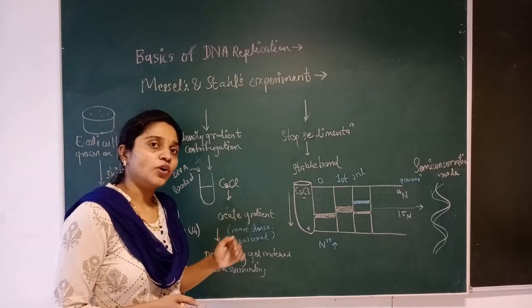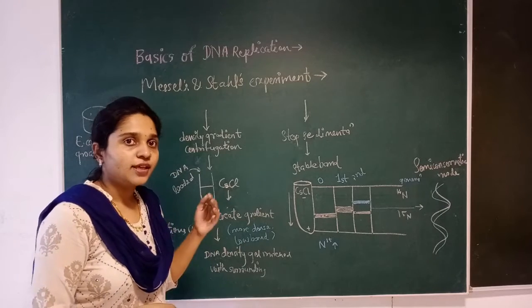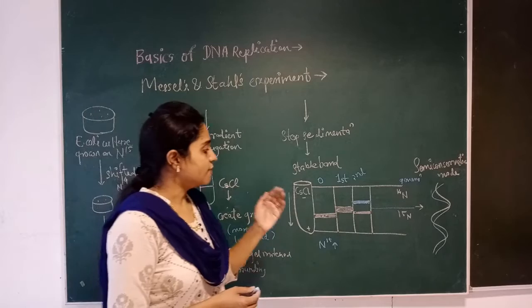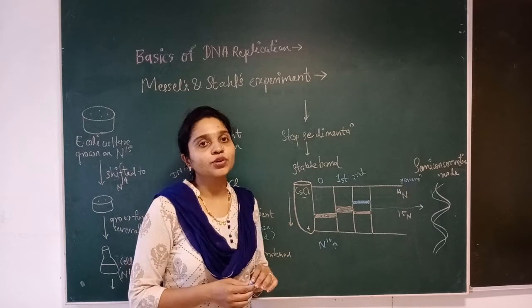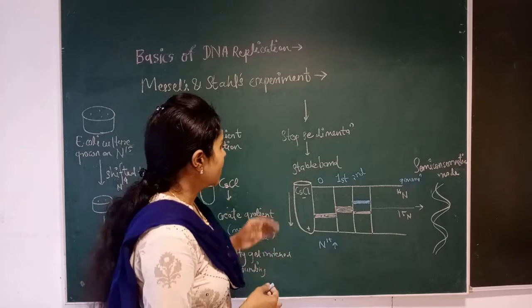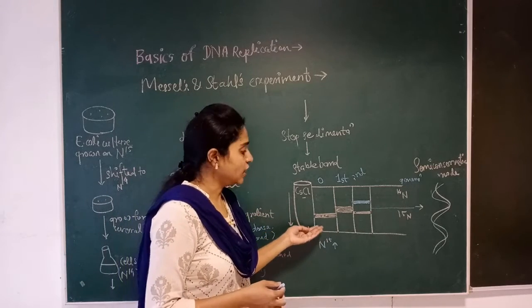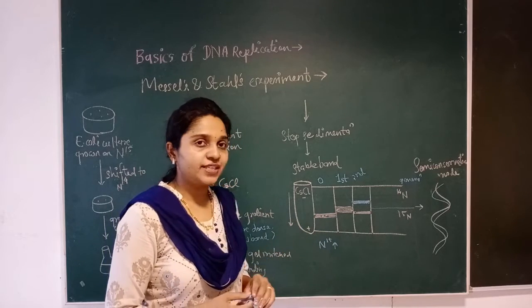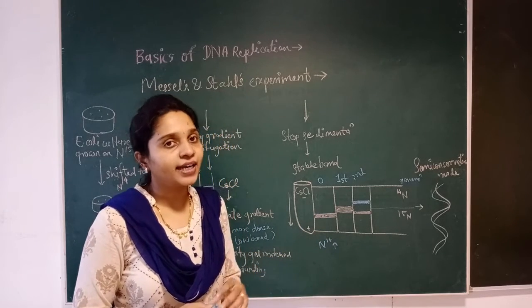So when the cells were only grown on N15 medium, it shows the lower band, which means that the N15 DNA has high density.